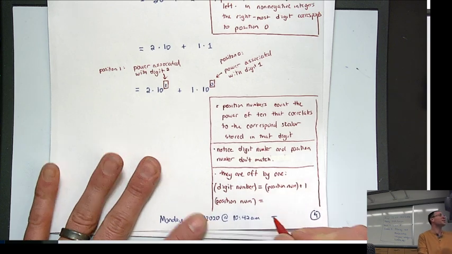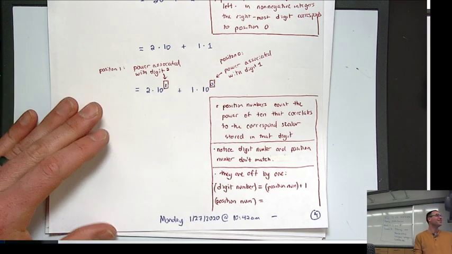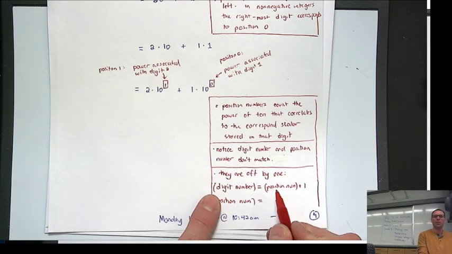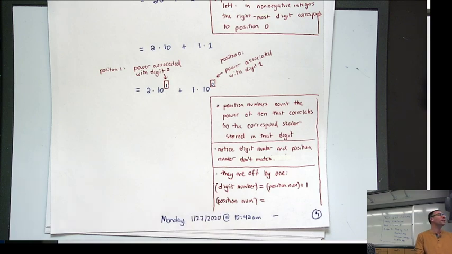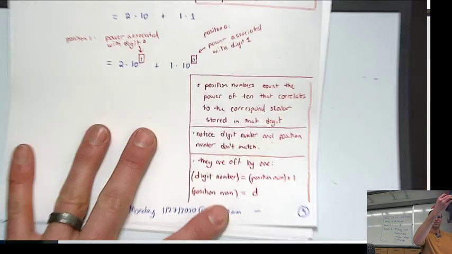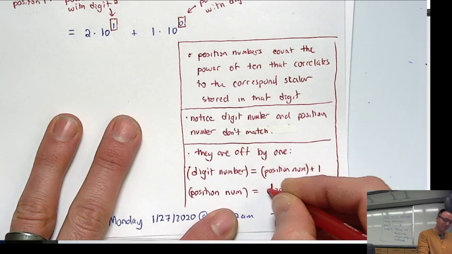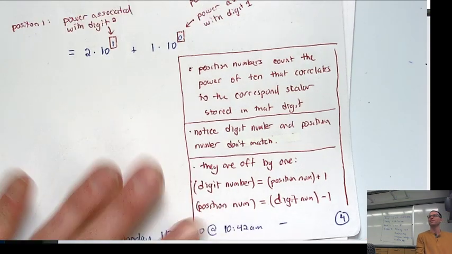And I define professional as anybody that makes money doing something, and he is making money doing algebra. So if digit number is equal to position number plus 1, what is position number equal to? Yep. Minus 1.